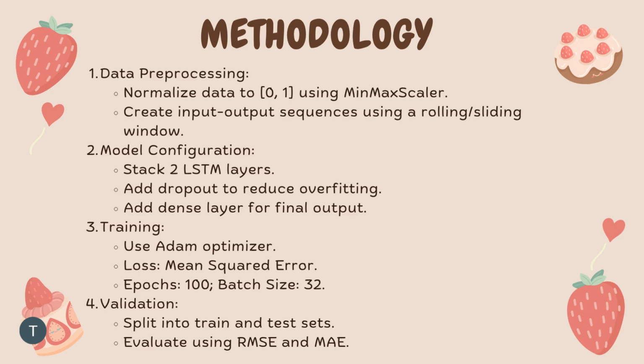The model configuration uses two stacked LSTM layers and adds dropout to reduce overfitting, and it adds dense layers for the final output. The training uses the Adam optimizer with mean squared error loss, 100 epochs, and a batch size of 32. The validation splits into train and test sets and evaluates using RMSE and MAE.